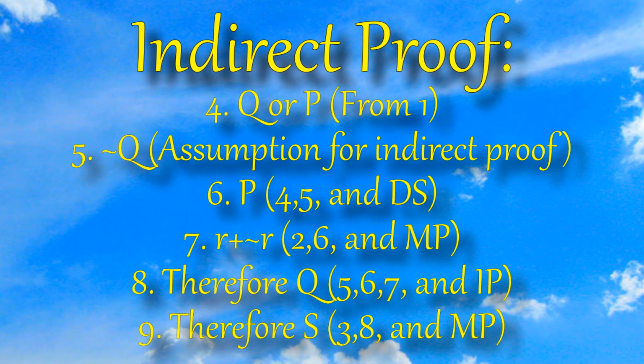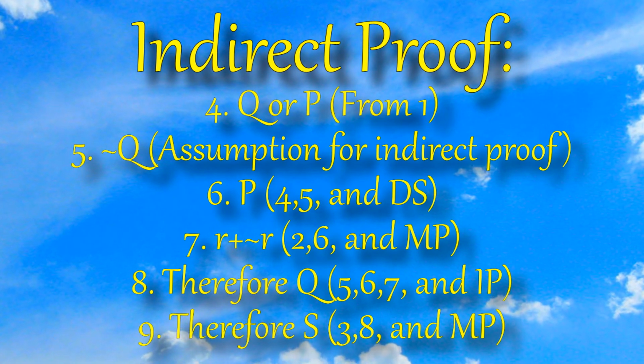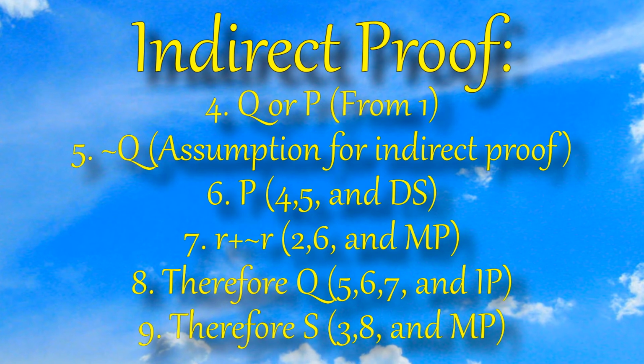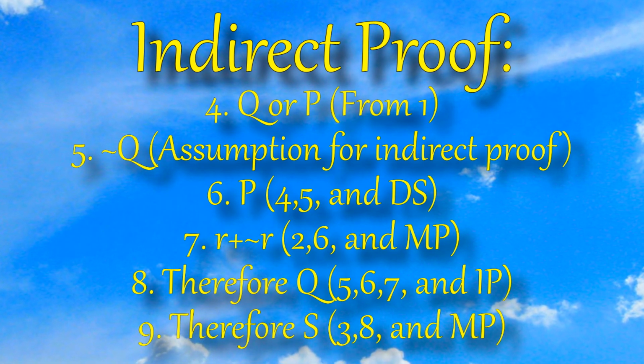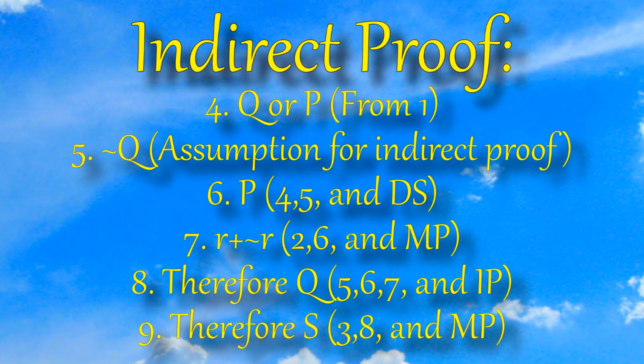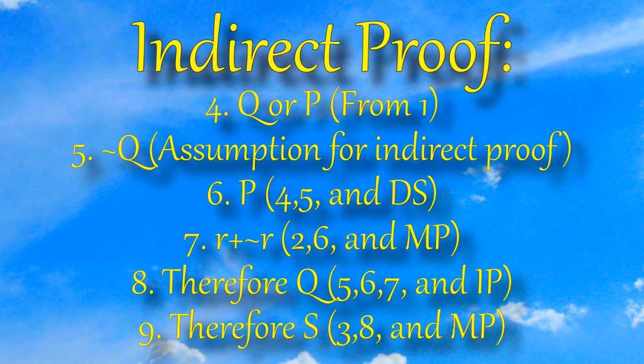Which leaves us the conclusion of Q by means of an indirect proof as line 8. We established that not Q is absurd, and that the logical conclusion is Q. We then know that S, because if Q, then S.